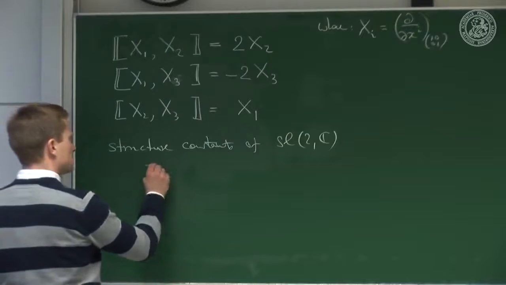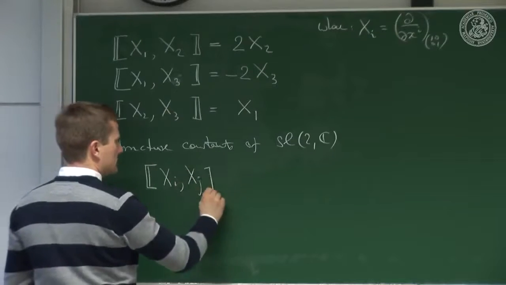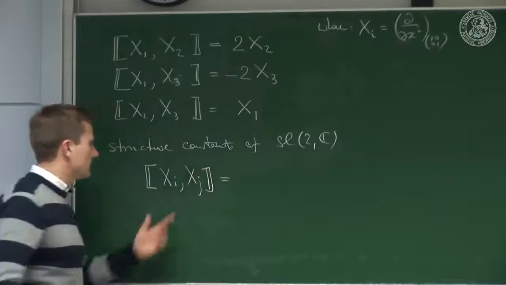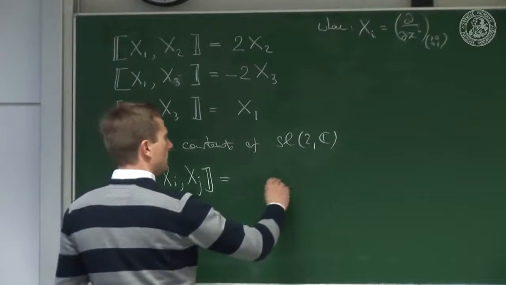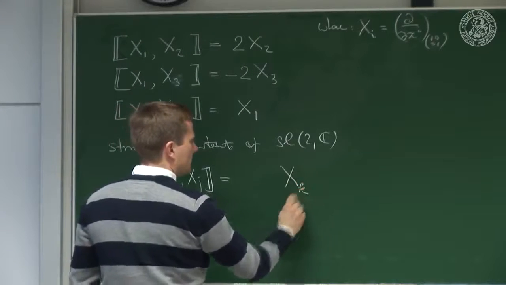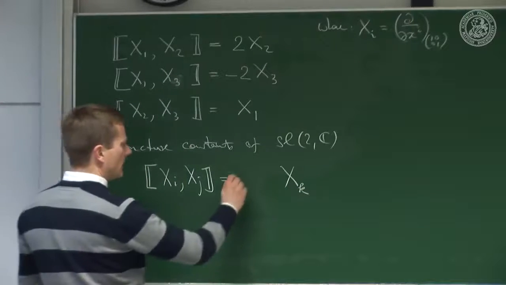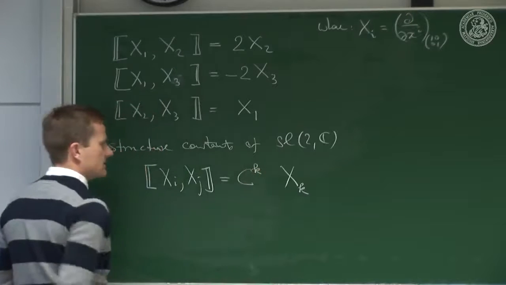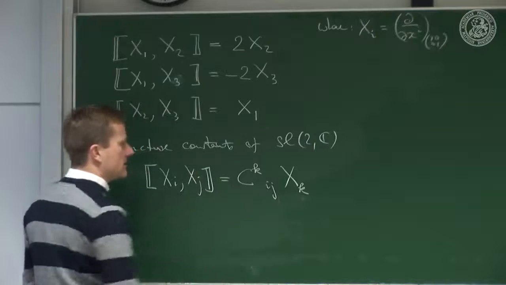So the structure constants, of course, you remember, you read off by having xi, xj, and you know that the result must be again an element in the tangent space at the identity, and because the x1, x2, x3 constitute a basis, there must be a way to expand the result in that basis. Now, you need expansion coefficients ck, but they will be different for various ij's.